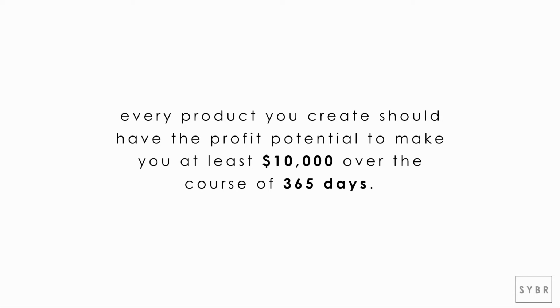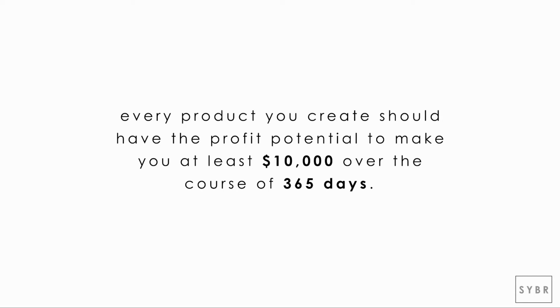So if your goal is to say make $100,000 a year, each month you should have products or a combination of products that can produce anywhere between $8,300 to $10,000 in income for your business. For me, $10,000 sets a standard that the idea is profitable and that it is worth creating, building out and promoting.